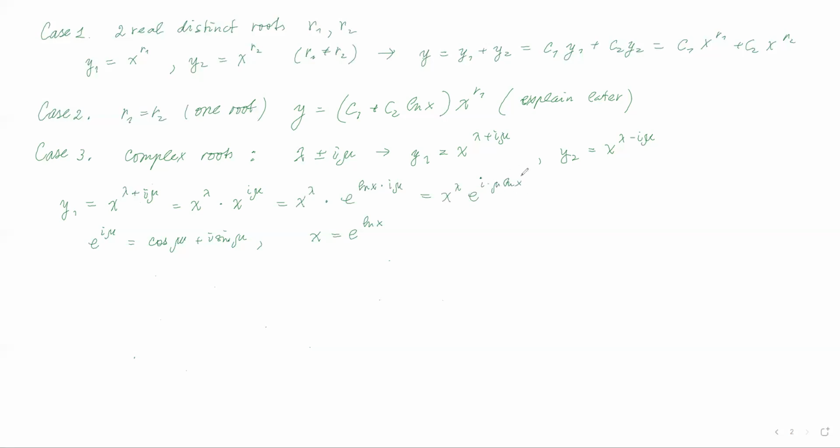So now the part which sits after i is going to be mu ln of x. And now I'm going to use Euler's formula and represent it as cosine of mu ln of x plus i sine of mu ln of x.